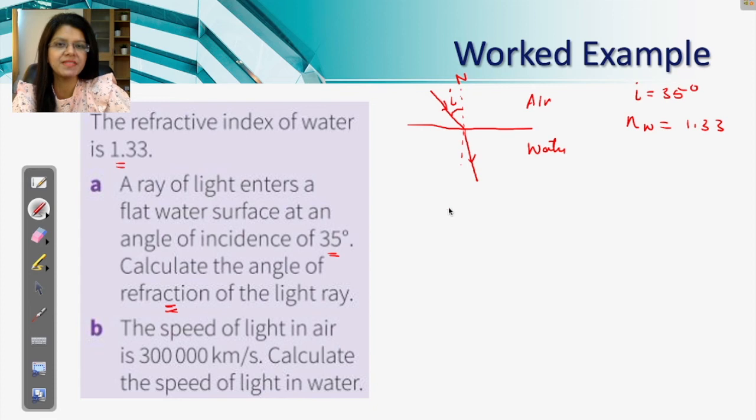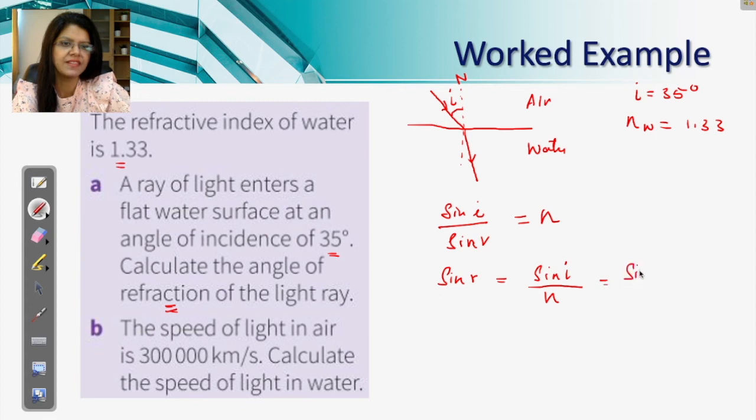Now you should remember sine I over sine R is equal to n. So all that you have to do is substitute the value. So sine r is how much? Sine r is sine I over n.